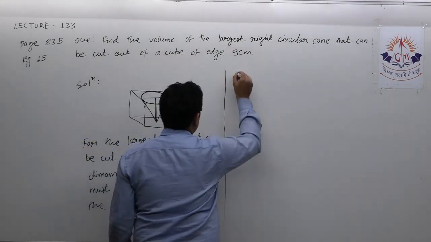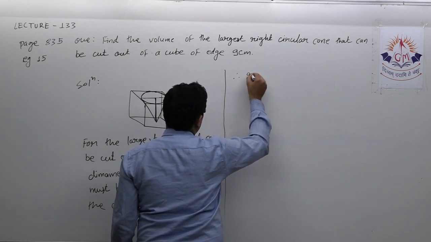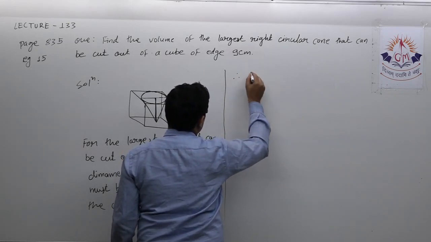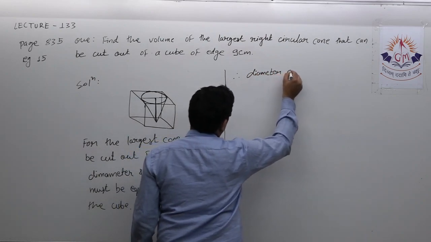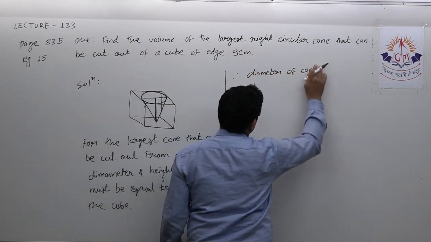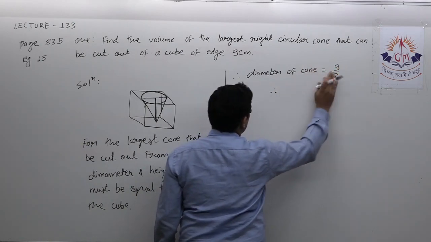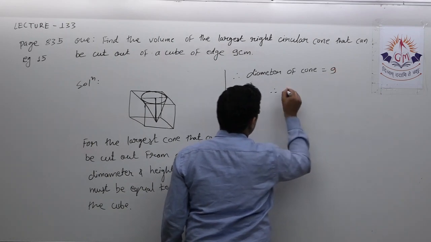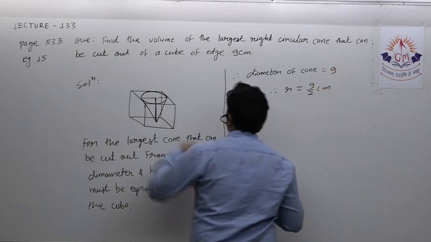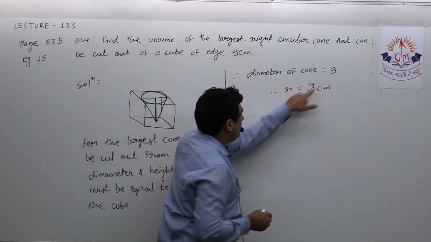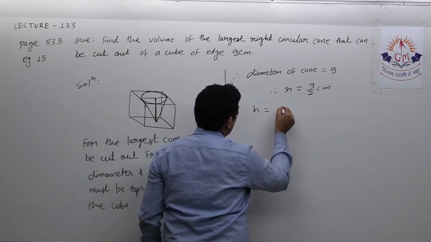Therefore, diameter of the cone is equal to 9. Therefore, R is equal to 9 by 2 centimeter. Edge of cube is 9, diameter is 9, so radius will be 9 by 2. And h is equal to 9 centimeter.